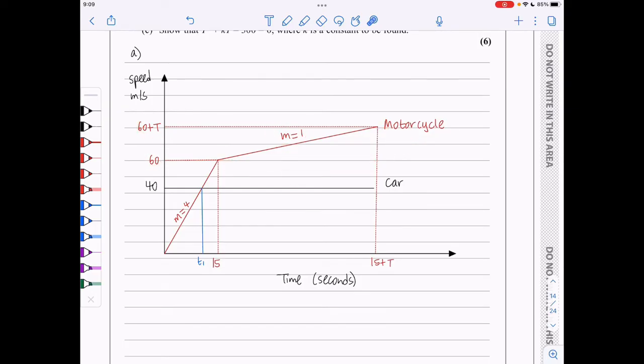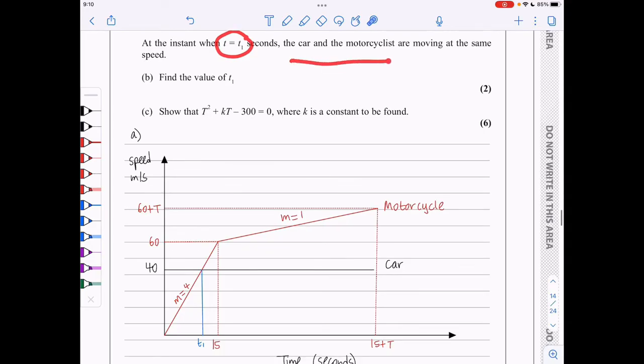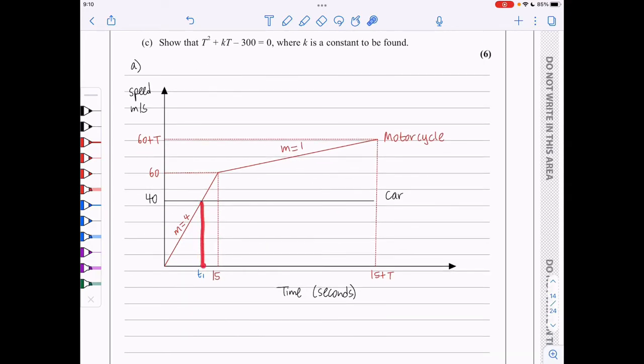Notice that I cannot use any SUVAT equations here because we've got a different acceleration for the first 15 seconds and a different acceleration for the remainder of the journey. Now, at the instant when t is t1 seconds, the car and the motorcyclist are moving at the same speed. So this is t1 here, the speeds match.